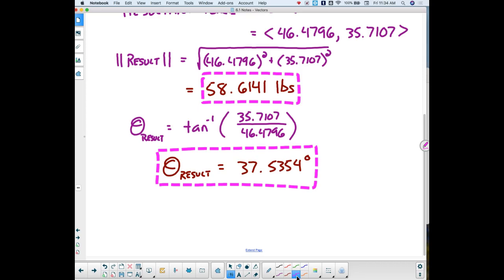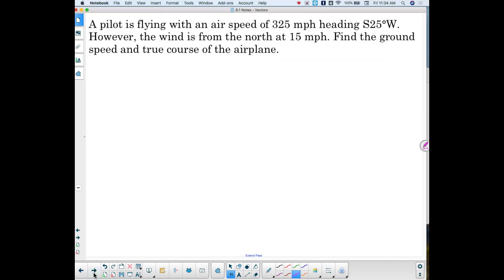One last thing here in the last minute or so of class. On this problem, which is the one that we didn't do navigation-wise yesterday, the kicker here is that the wind is from that direction, which means it's blowing to 180 degrees beyond that.